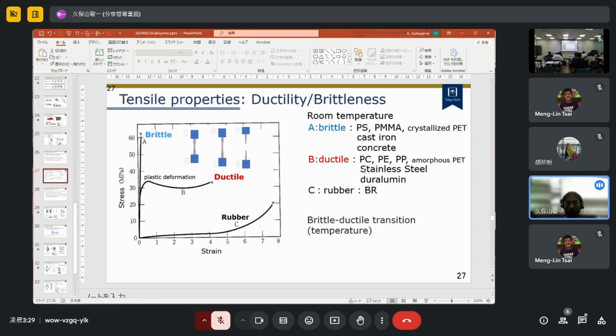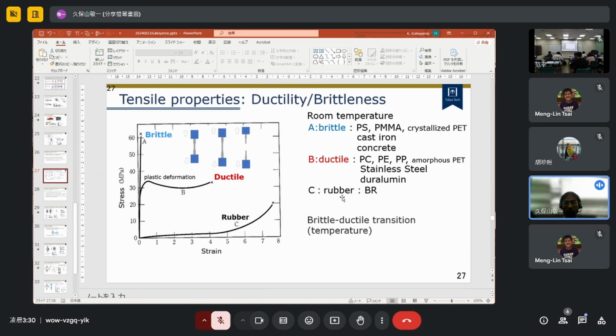Such behavior is called ductile. Both are cases of plastics, but in the case of rubber, in this plot, the slope corresponds to the elastic modulus. In the case of rubber, the elastic modulus is very low. So the curve becomes like this, and the rubber can elongate largely and breaks like this.